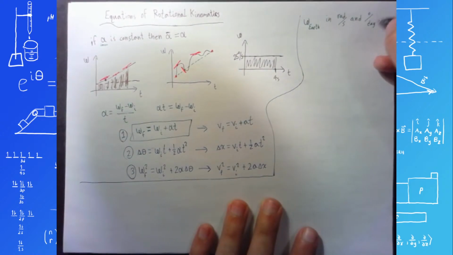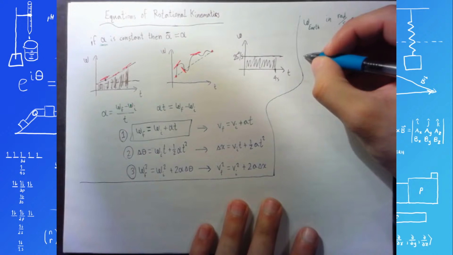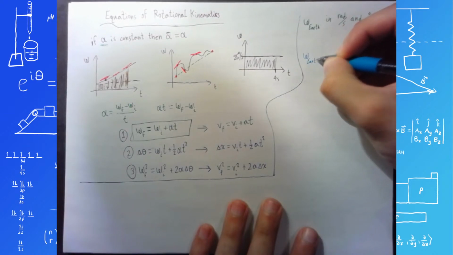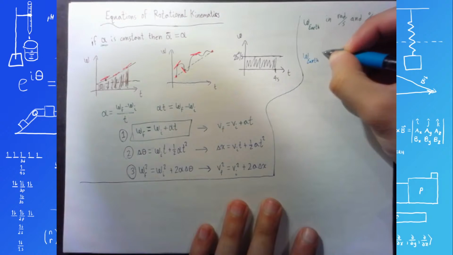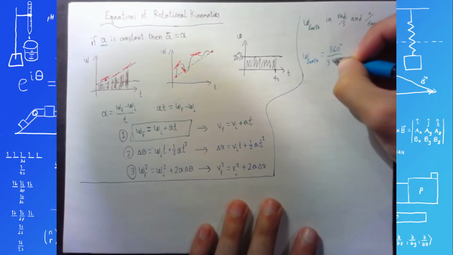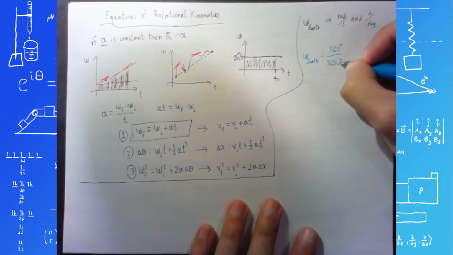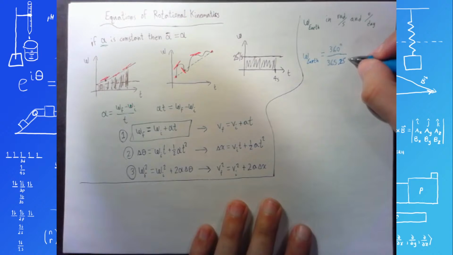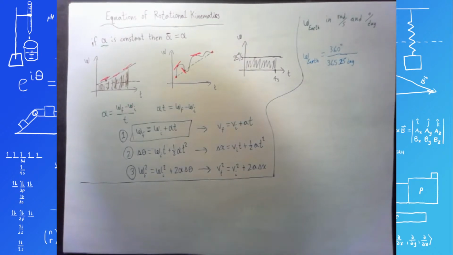So I'm going to start with degrees per day, actually. So omega Earth equals 360 degrees over 365.25 days. Don't forget the 0.25. We have leap years every 4 years for a reason. And this one should be easy.